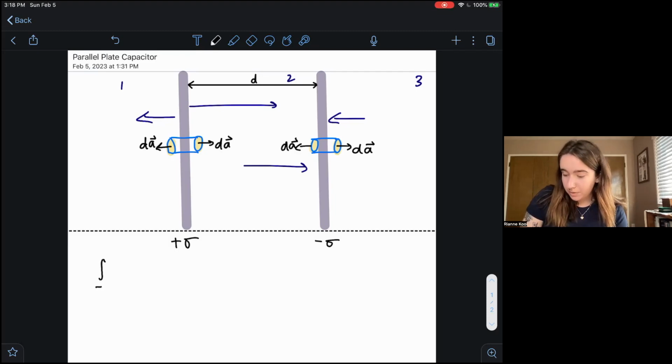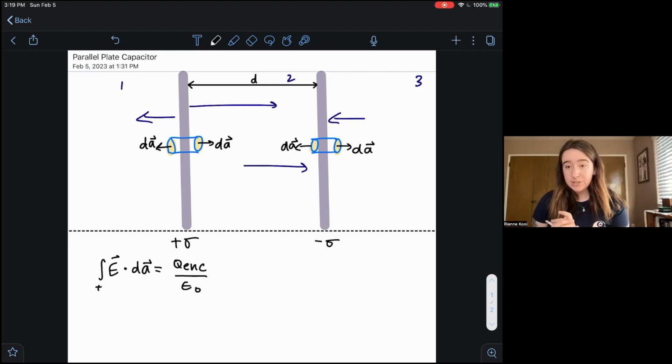So I'm just going to do positive here. This is going to be just like the last video with our positive charge. So our E dot dA, they're in the same direction. So let's write out Gauss's law first. That's Gauss's law.